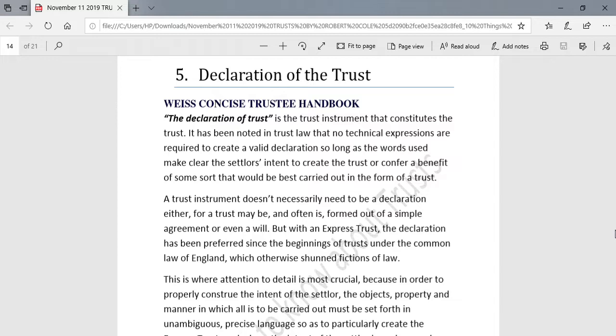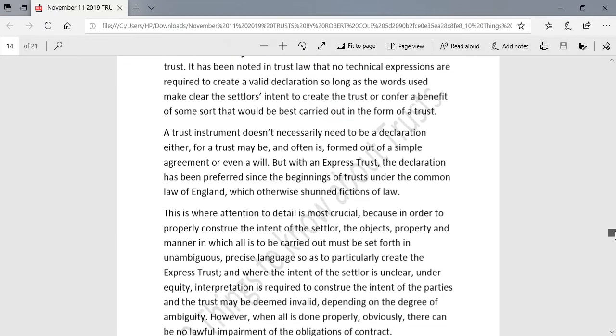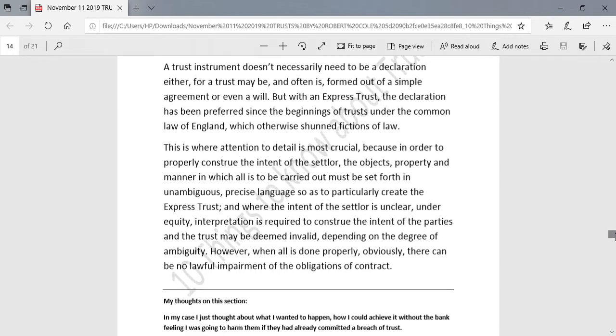This is where attention to detail is most crucial, because in order to properly construe the intent of the settlor, the objects, property, and matter in which all is to be carried out must be set forth in unambiguous, precise language so as to particularly create the express trust.